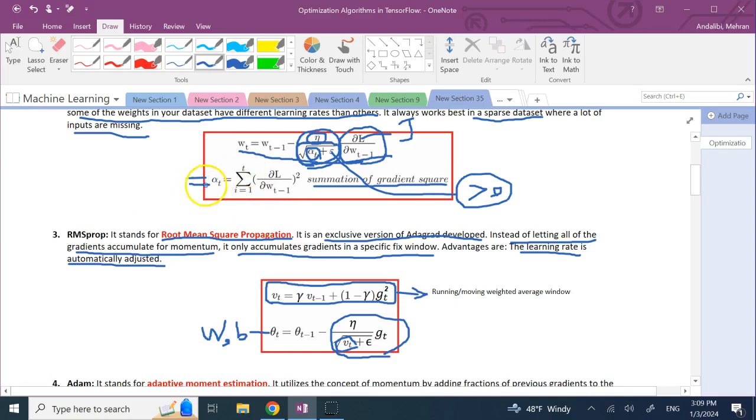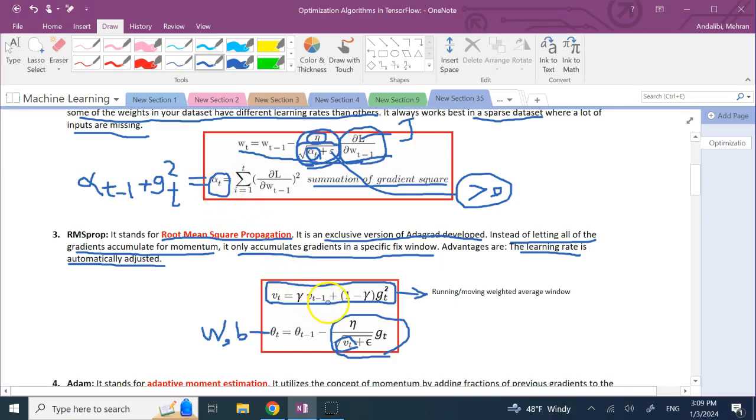So this alpha here is simply like alpha of t minus 1 plus current gt squared. So if you want to write it in the same notation as the previous one, it's simply like that. You just accumulate the sum of all previous squared gradients to the current one, and that is the summation of all the gradients squared from the beginning to the current time.